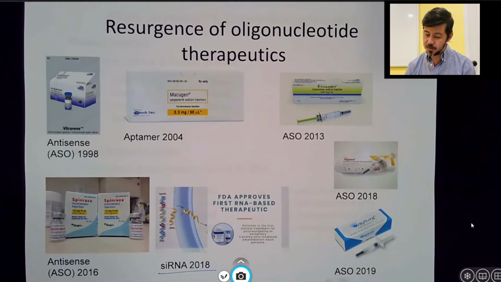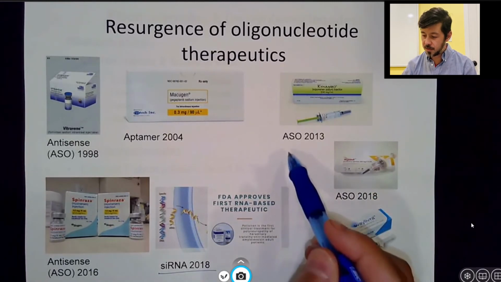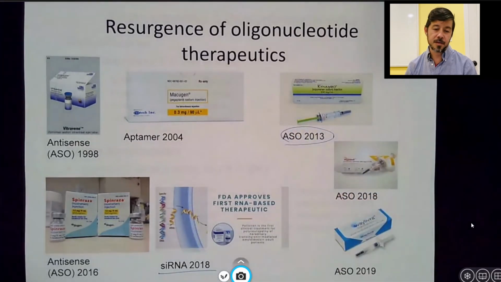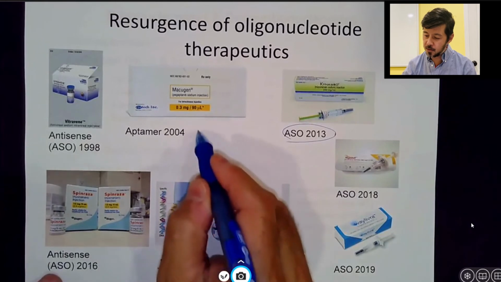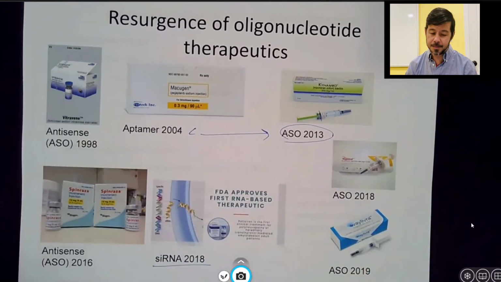And then there actually has been another siRNA that was FDA approved in 2019, just last year. There's also a collection of other antisense oligonucleotides that have hit the market as well, in addition to this one that I forgot to mention, but that was developed in 2013. So there was, like I said, about a 10-year gap.